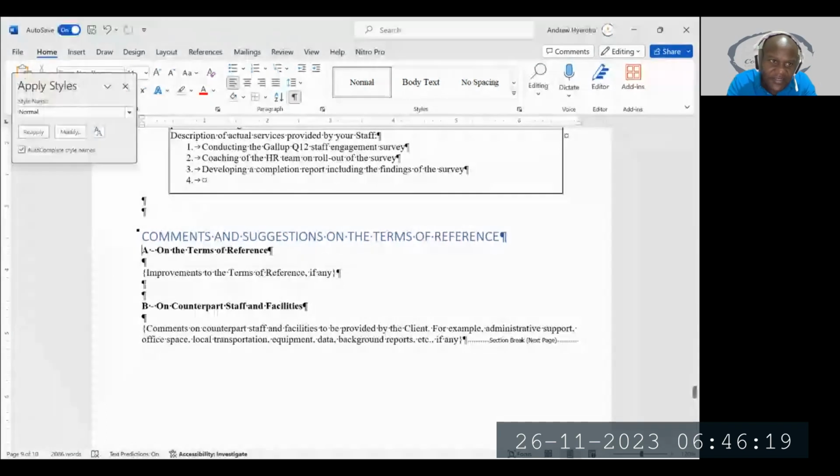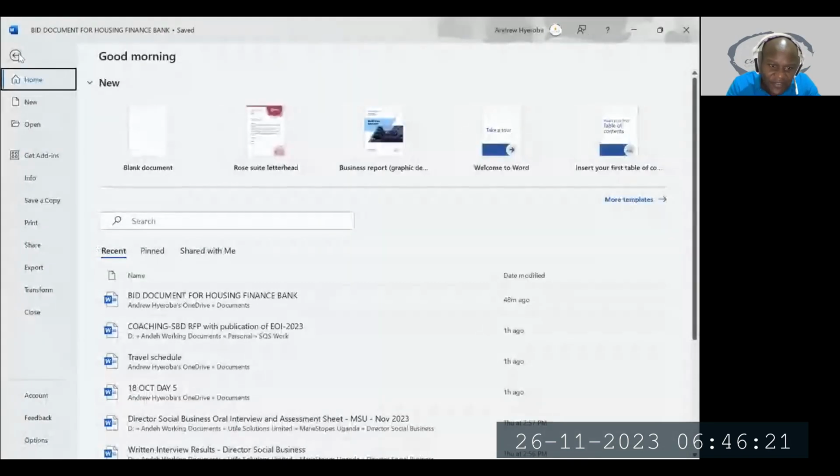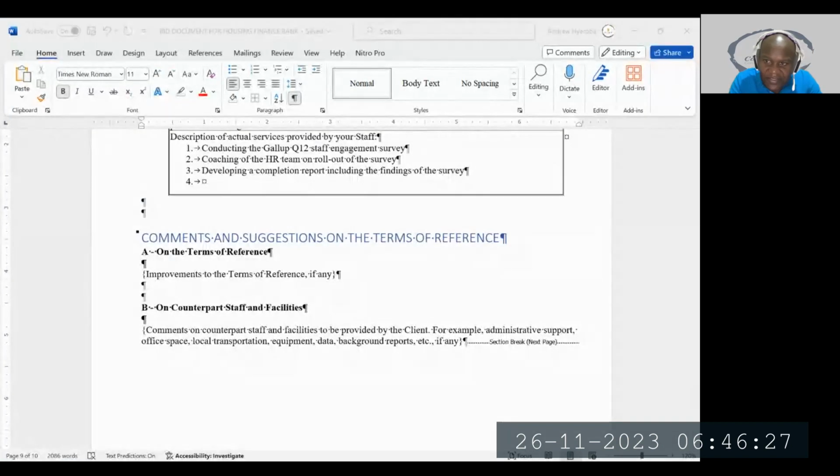So I'm going to ask, please open your folder which had the terms of reference, and if not, I'm going to have to switch the windows to the terms of reference, and then we ask ourselves, how do we develop these comments on the terms of reference? Okay.